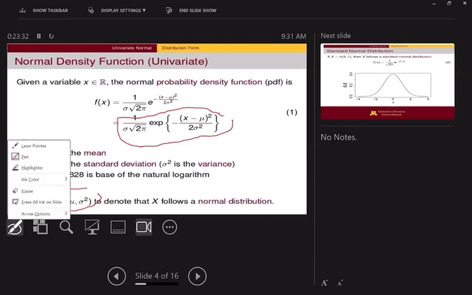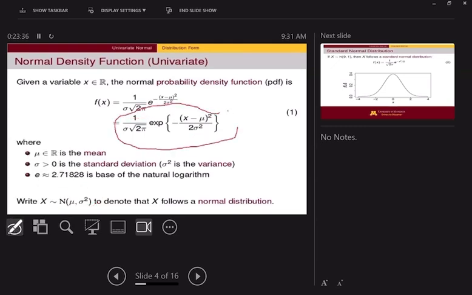if I want to use this particular density to figure out a probability associated with a random variable, I'm actually going to run into calculus complexity.